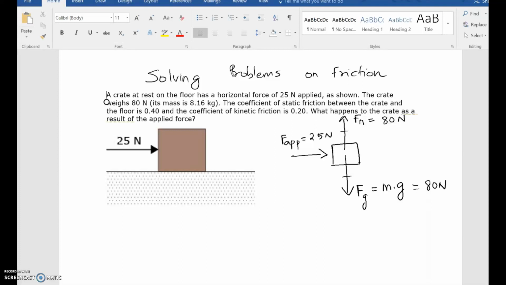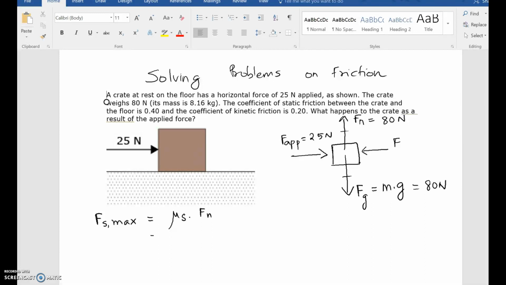When you try to move an object, friction comes into play in preventing it from moving. So now we have to determine how much friction there is. Let's call this F for now, and then we can determine whether it is static or kinetic based on the applied force. We know that the minimum force required to move an object is the limiting friction, which is Fs max, and can be calculated as mu s times Fn.